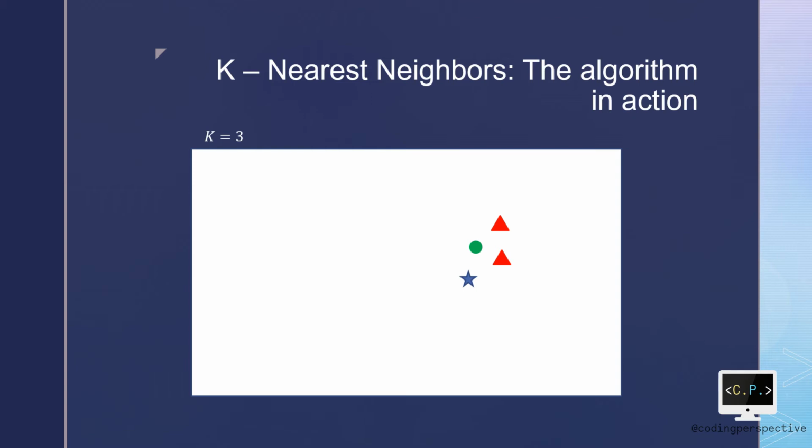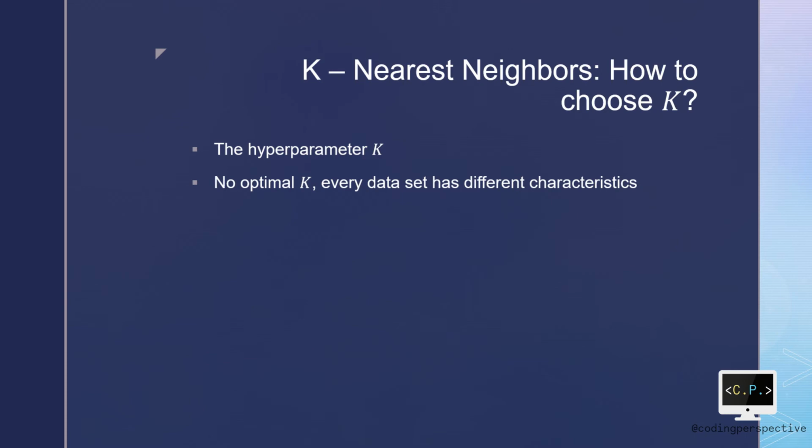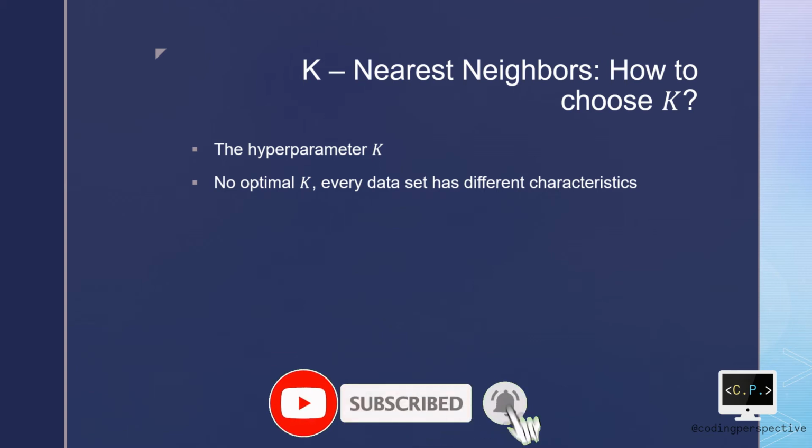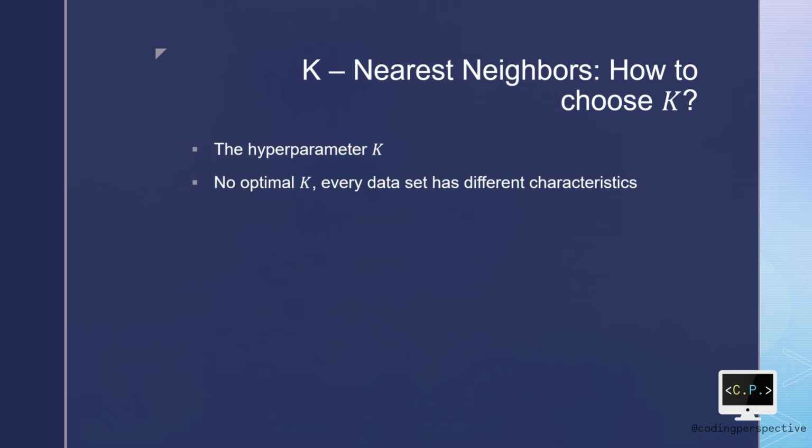Now, you saw how the KNN algorithm works both in theory and practice. At this point, you may wonder how we should choose the optimal number of neighbors. In other words, how should we choose the k? And what are its effects on the classifiers?